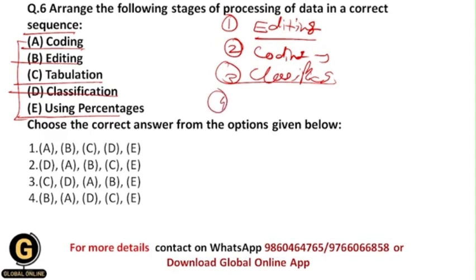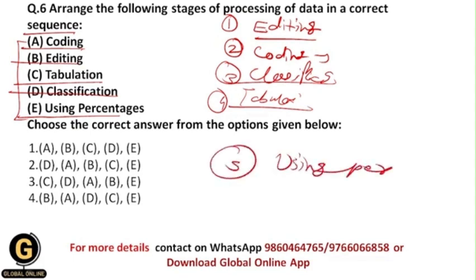Then next we tabulate the data. Basically whenever we have a data set, we categorize the data in tabular format so that it will be easier for all of us to understand the data, and we can easily mention the data in the tables. Okay, and the last one is using percentages. Whatever data we have tabulated, we represent that data using percentages.